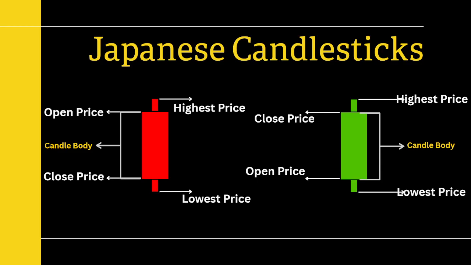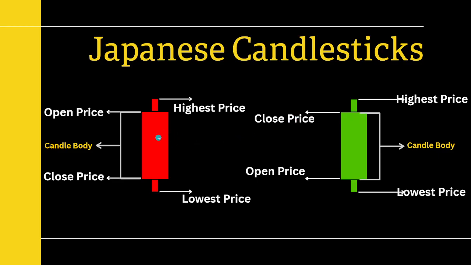The difference only comes in the close price and the open price. A green candle or a bullish candle opens its price from the low of the body. So as soon as you see the start of the body, this means that the edge of this body is the open price, and the close price is vice versa. The top of the candle body is the close price.